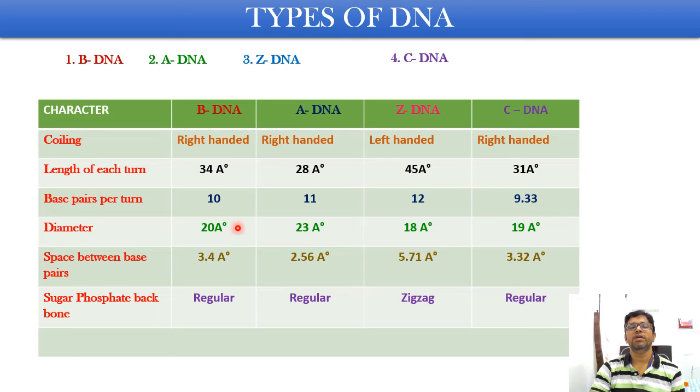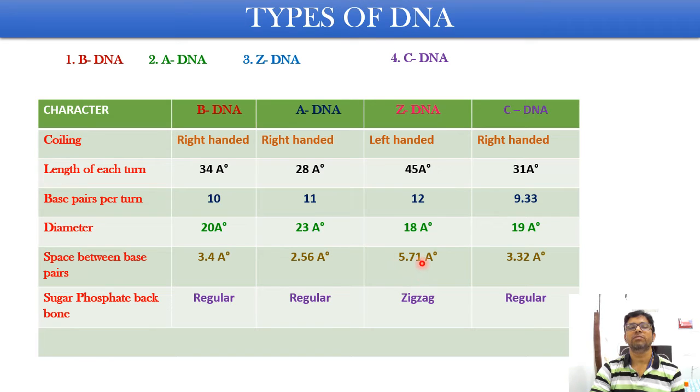The diameter of each turn is 20 angstroms in bDNA, and the diameter of the helix in zDNA is 18 angstroms. The space between two successive pairs is 3.4 angstroms in bDNA, whereas in zDNA it is 5.71 angstroms.